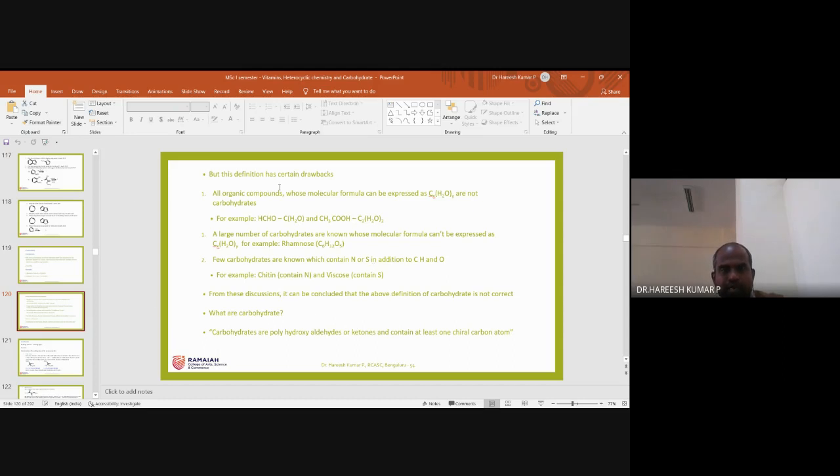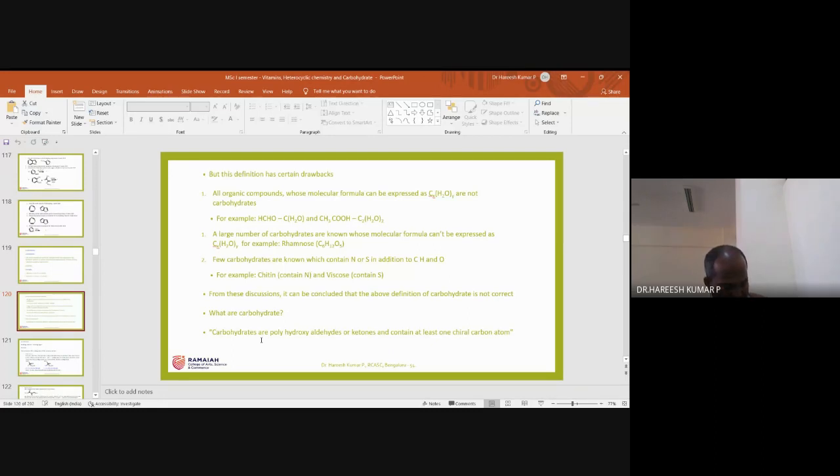Based on all these factors, the definition of carbohydrates was reintroduced. As per the reintroduced definition, carbohydrates are polyhydroxyaldehydes or ketones and contain at least one chiral carbon atom.